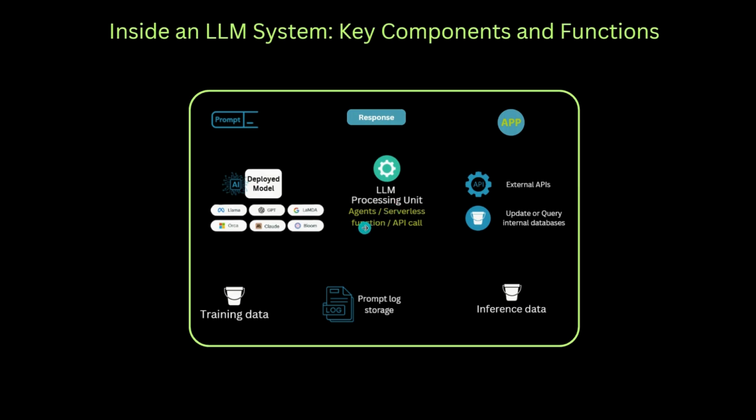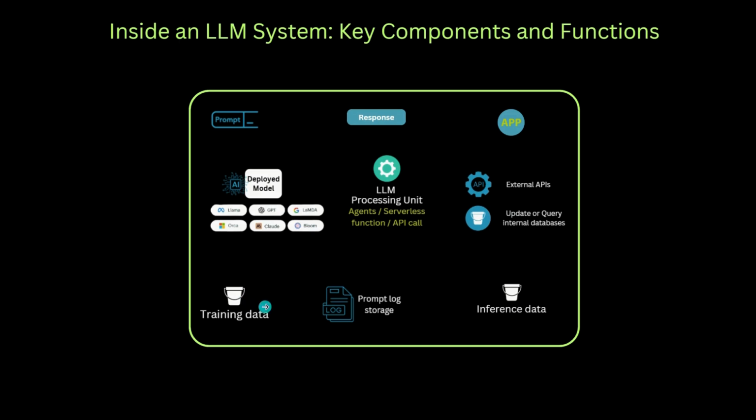Another example would be if you have ChatGPT deployed in an Azure scenario, and your ChatGPT is using an Azure function to check for some weather updates on demand, then it is using a serverless function. You don't need a server for that kind of thing. So that's about the LLM processing unit. It is like a processor that is working for your brain, your deployed AI model.